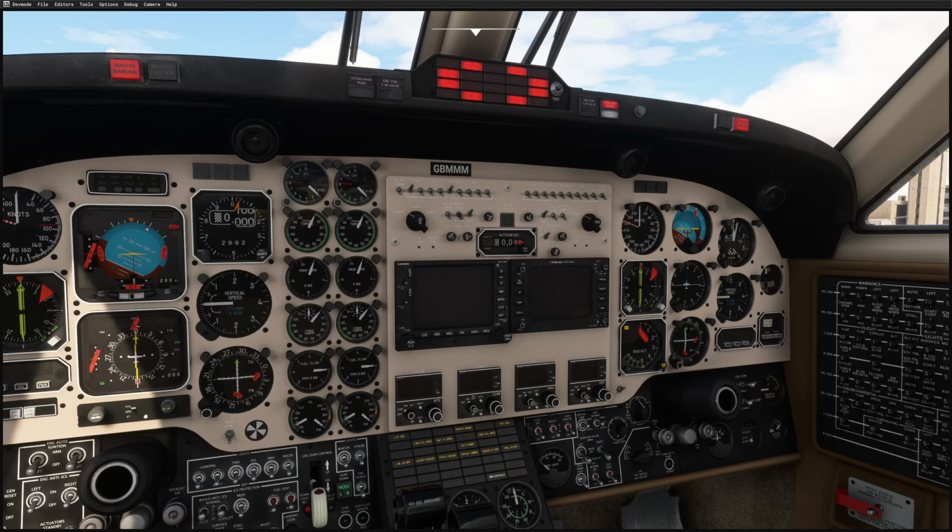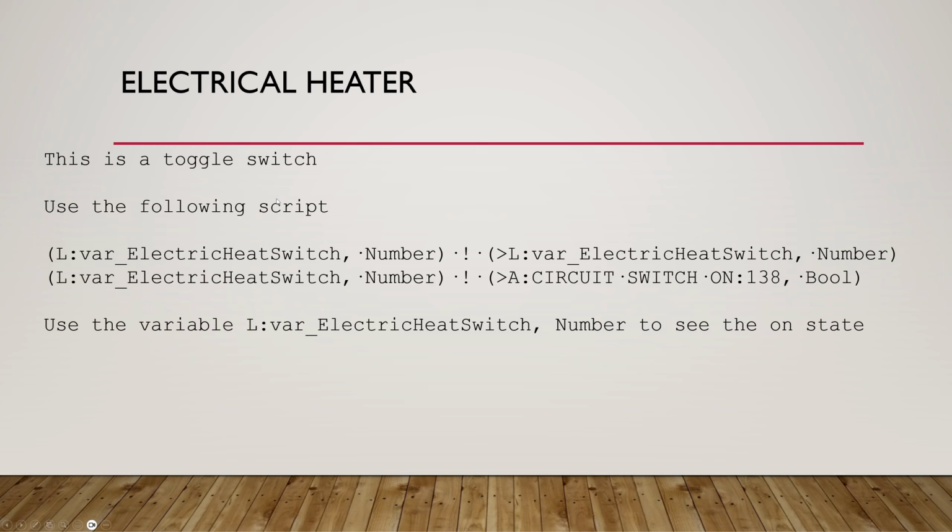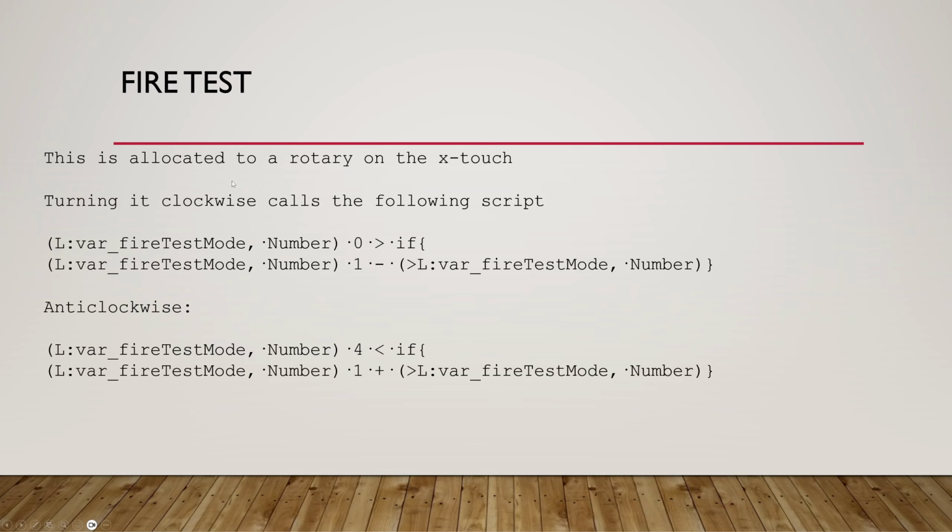It's again relatively simple to do. I've allocated it to a rotary switch on my X-Touch, and turning it clockwise, it's going to look at the fire test mode, and we're going to make sure that we're above 0.